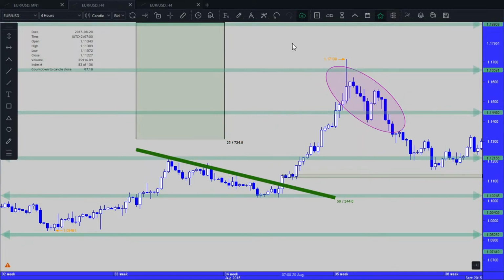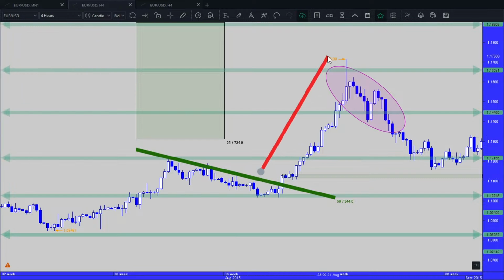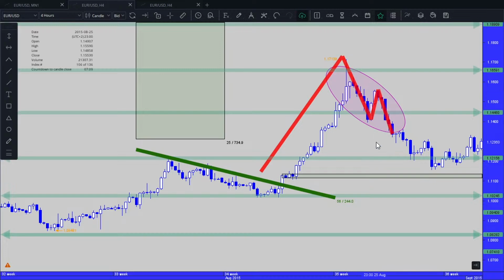Can you see it, everybody? 1 + 1 + 1 is 3. Now it's the 4-hour chart. You had an extension, and then you have lower lows, lower highs. And you didn't act.